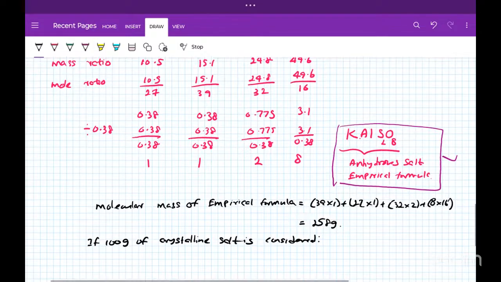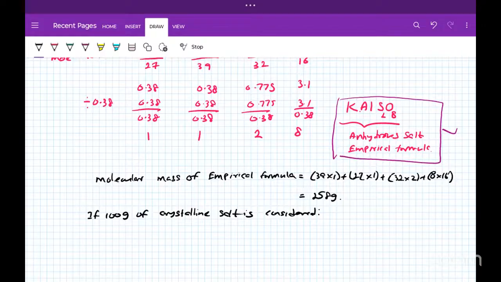If that is considered, anhydrous salt divided by water mass.